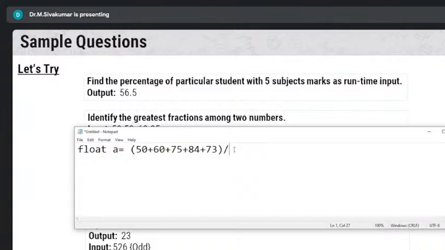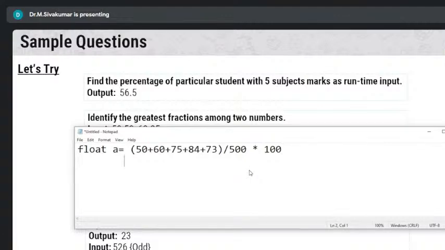Yes: the total sum of the inputs divided by the number of inputs. Super, thank you, sir. So here I have the value as 500, which is nothing but the total, and if I multiply by 100, that is the percentage we will be getting here.